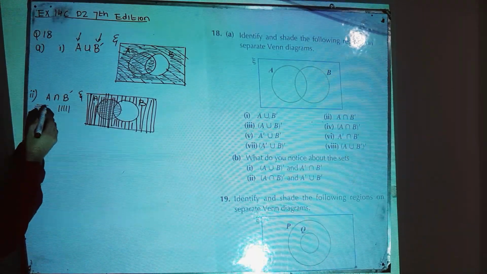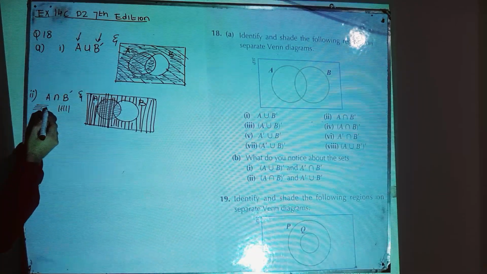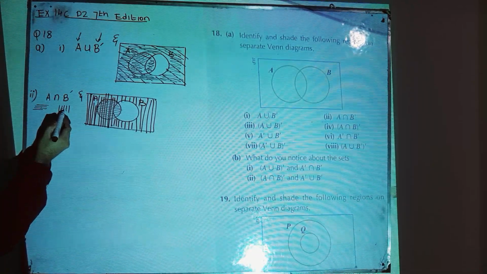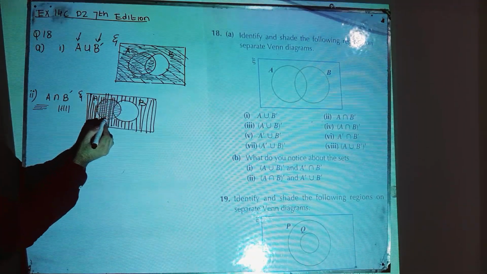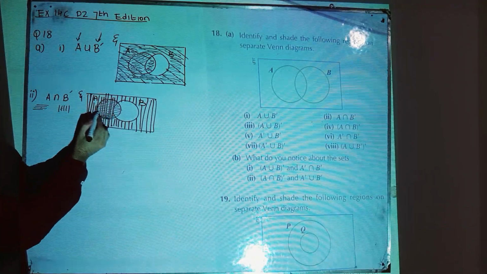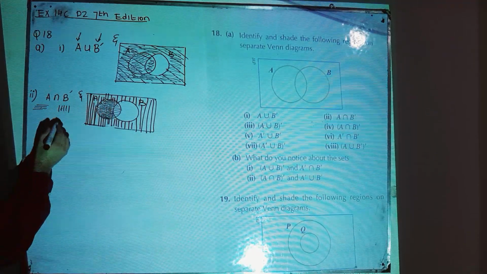A intersection B complement means the region where you have both the horizontal and vertical lines, meaning you have A as well as B complement in that region. So this part where you have got both these lines is the answer for this.